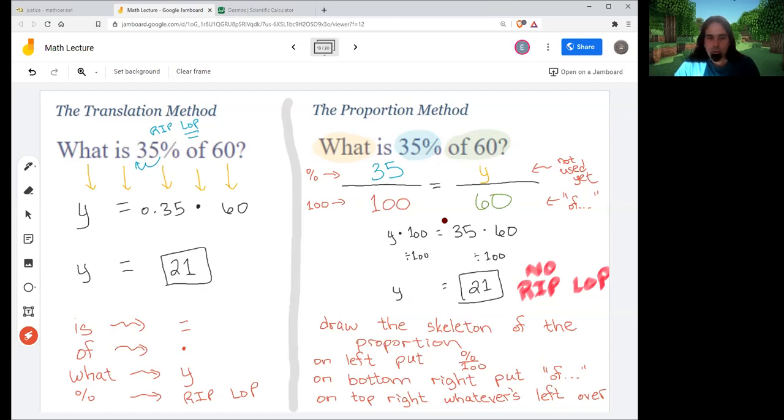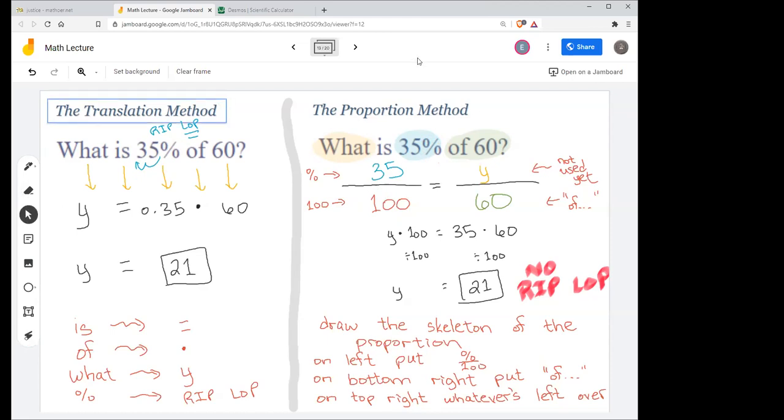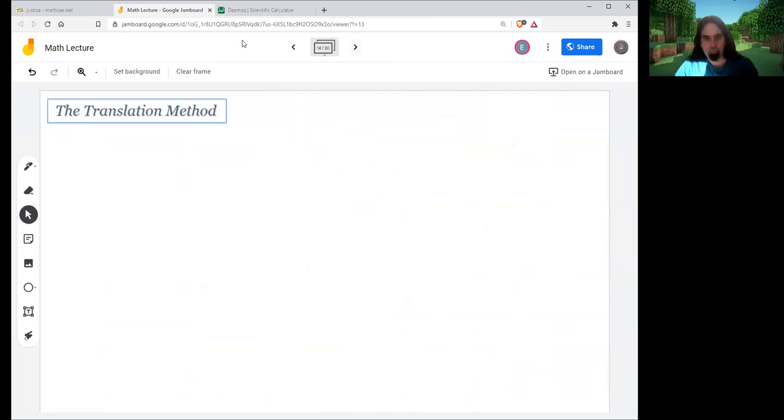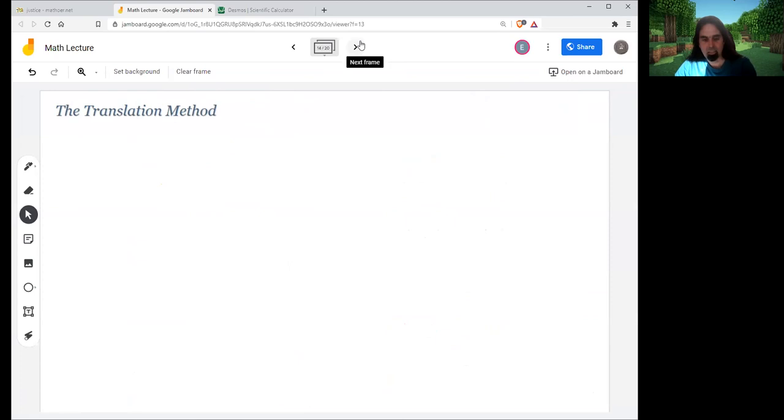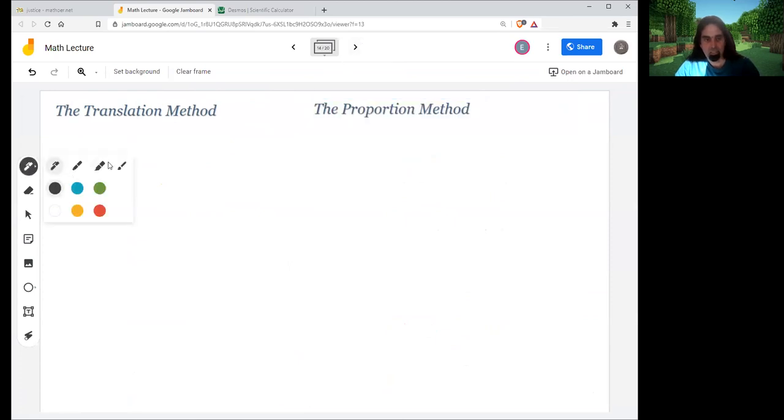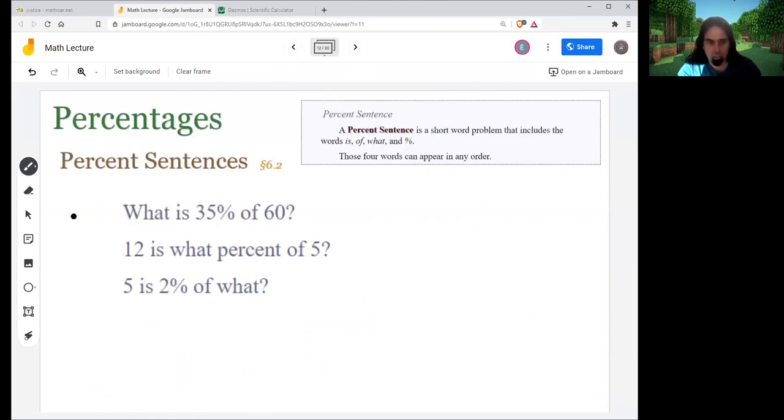So let's do a whole bunch of these. Ready? I will grab my labels. And the next one is 12 is what percent of 5?